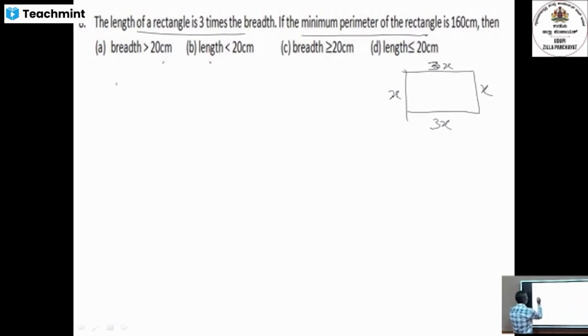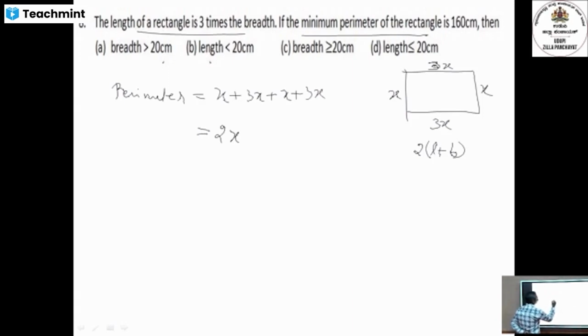What is the perimeter? Perimeter is equal to x plus 3x plus x plus 3x, or otherwise 2 times L plus B. So x plus 3x is 4x.